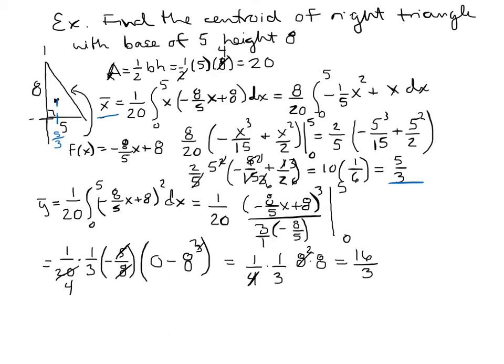And what did I leave off here? I know that's not right. I know that can't happen, because 16 thirds, that's around 5, and that's like way up here. So something is off. I know what I forgot in here. I forgot a 1/2 in the formula. If you look back to the formula, it's 1/2 of the function squared.